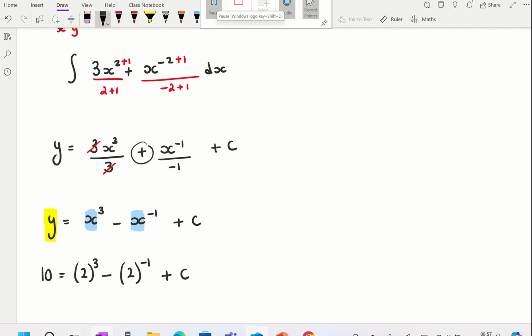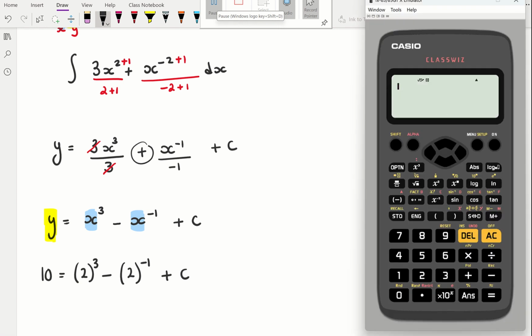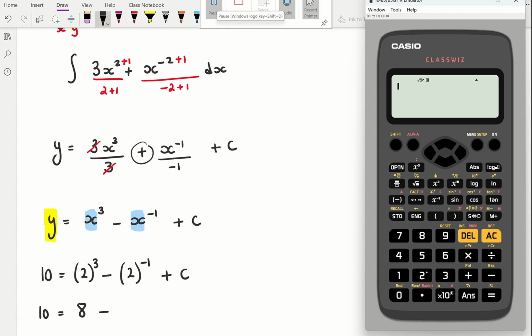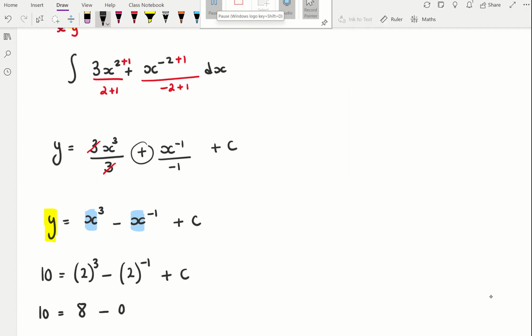And you can do this on your calculator. So 2 cubed is 8. So 10 equals 8 minus, and 2 to the power of negative 1 is a half, plus c.